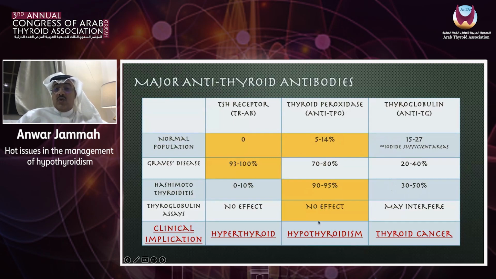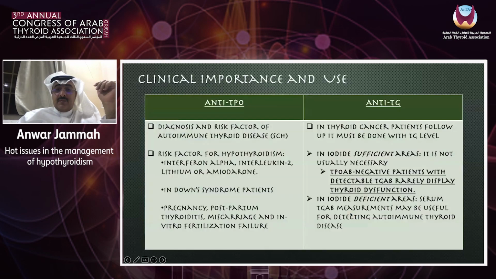So when we choose thyroid antibodies that tell us about hypothyroidism or the risk of hypothyroidism, it's anti-TPO and not anti-TG. Anti-TG is important in thyroid cancer patients.